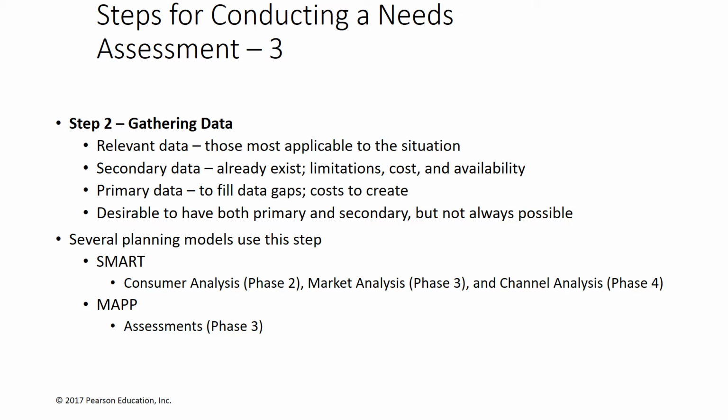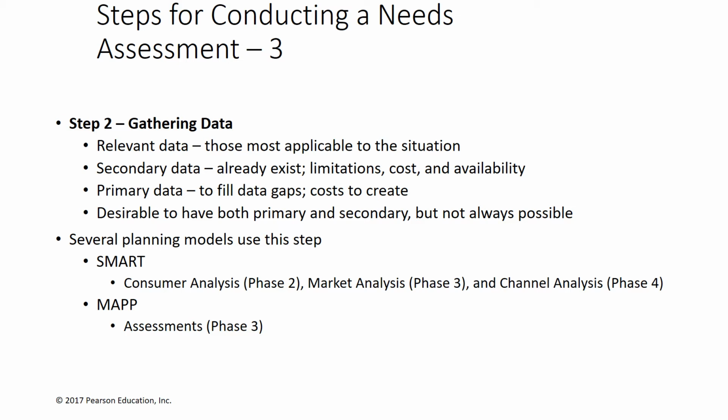But when it addresses most of your needs, but there are a few things it doesn't address, then you want to think about whether to conduct primary data collection. Is it desirable to have both primary and secondary? I don't know about desirable, but it's advantageous if you can, because you can conserve resources anytime you use secondary data, as long as it serves an appropriate purpose.